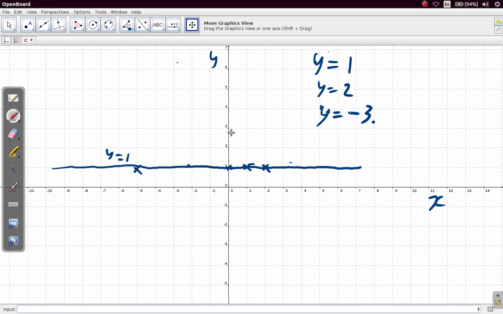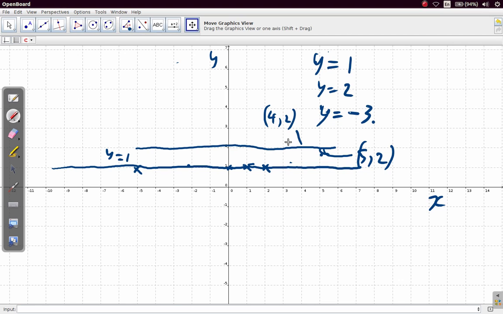What about y equals 2? Well, this is the line y equals 2. I'm trying to keep it as straight as I can. On this line, y is equal to 2 at all points. Here, at this point, we have 5, 2. X is 5, y is 2. At this point, we have 4, 2.